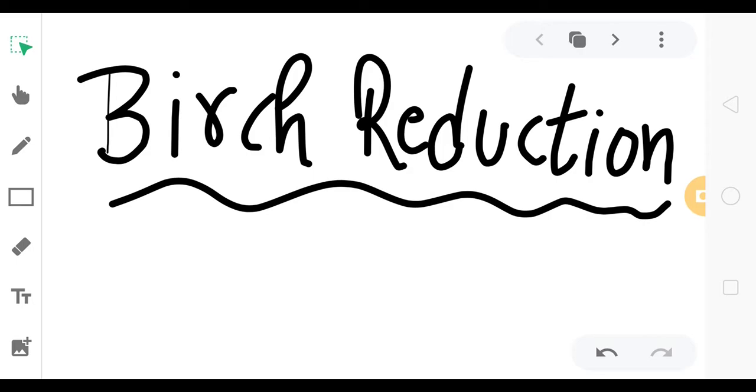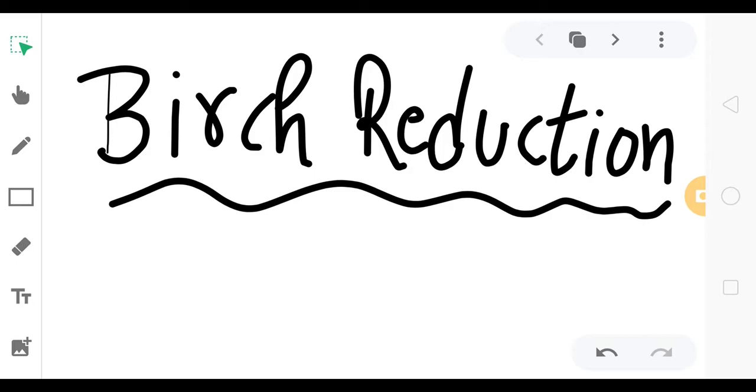Today we are going to talk about Birch reduction. Birch reduction is a reduction process, and the reducing agent is sodium in liquid ammonia.